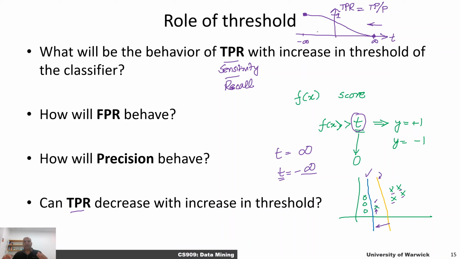However, in between these two, what I've said is that the true positive rate of any classifier is not going to increase. Either it's going to stay the same or it's going to decrease.